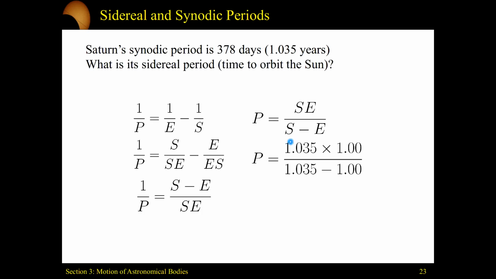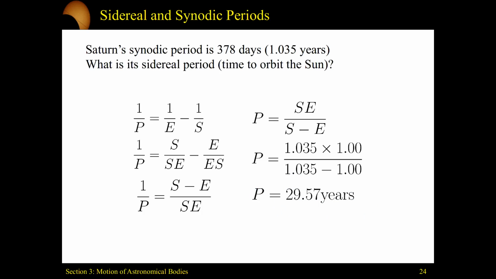Saturn's synodic period, the time to come into opposition, multiplied by Earth's period, 1 year, divided by the difference of the two. You put it on a calculator, and you'll find that Saturn orbits the Sun about every 30 years. About every 30 years.